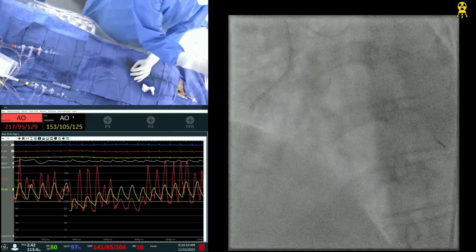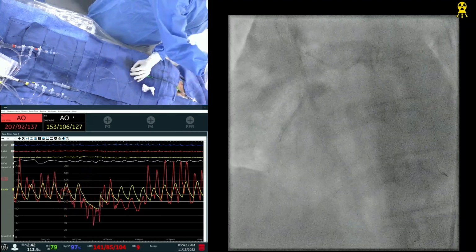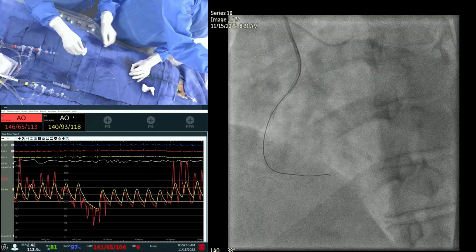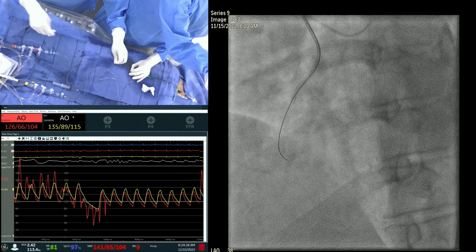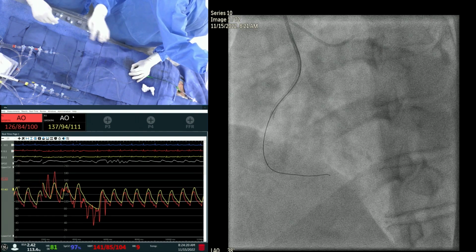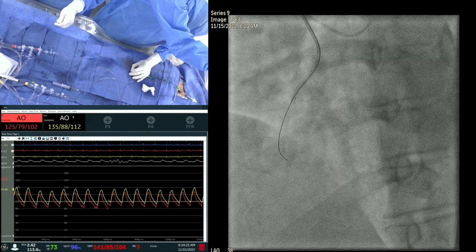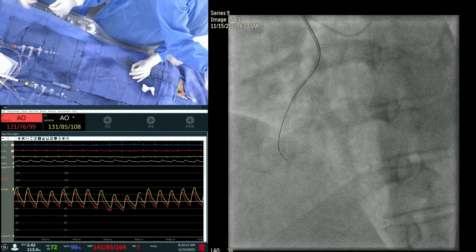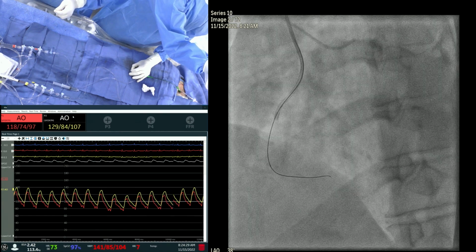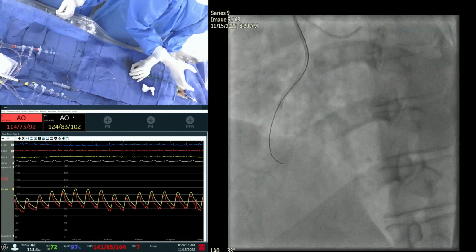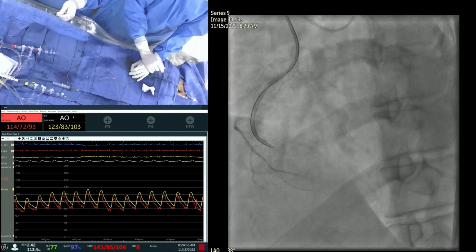I want to show one important point here. Did I mention we wanted to change? This is where we are.